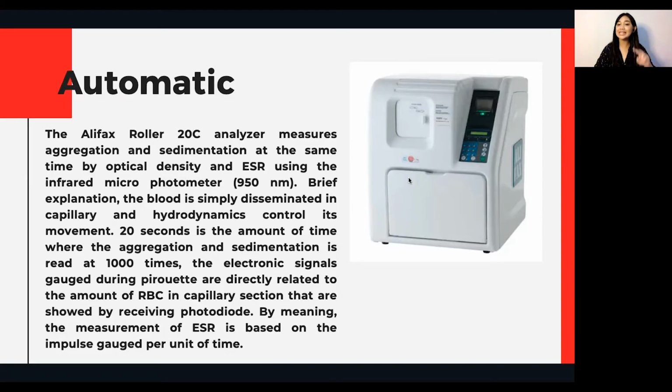In 20 seconds, the aggregation and sedimentation is read 1,000 times. The electronic signals gauged during this period are directly related to the amount of red blood cells in the capillary section that are shown by the receiving photodiode. By meaning, the measurement of ESR is based on the impulses gauged per unit of time.